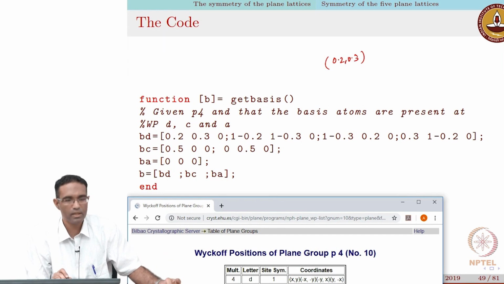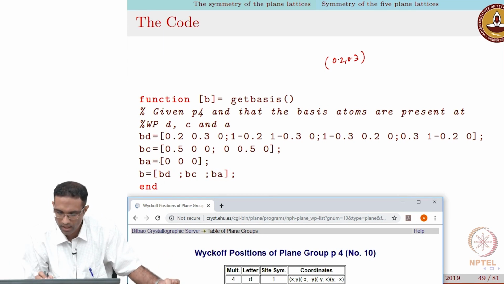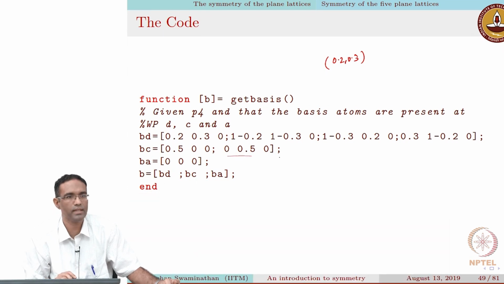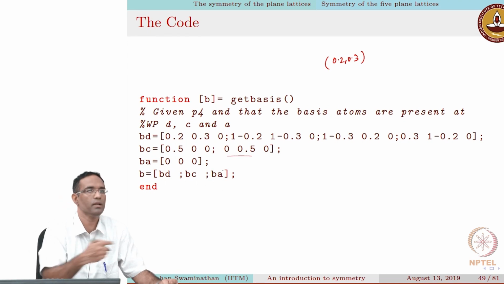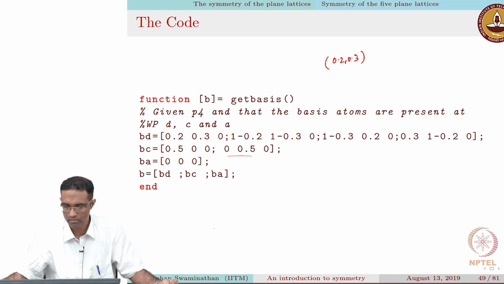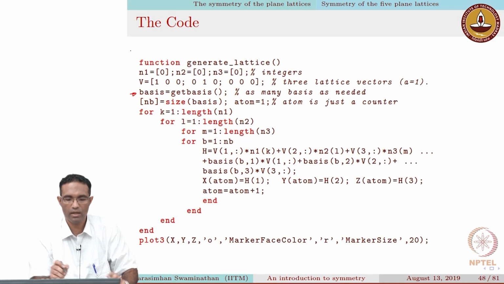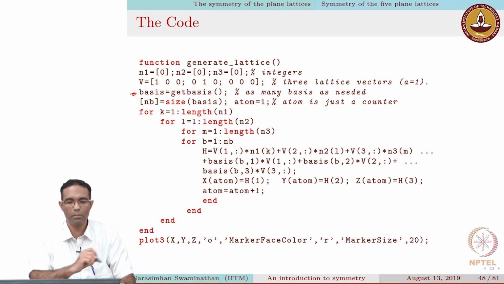The second one is in position C, that is having just half 0 and 0 half, which is just written down like that, which is half 0 0 and 0 half 0, and BA is just 0 0 0. Then I concatenate all these positions BD, BC and BA, which is going to be supplied to the main MATLAB program, and that will receive it in the variable basis.